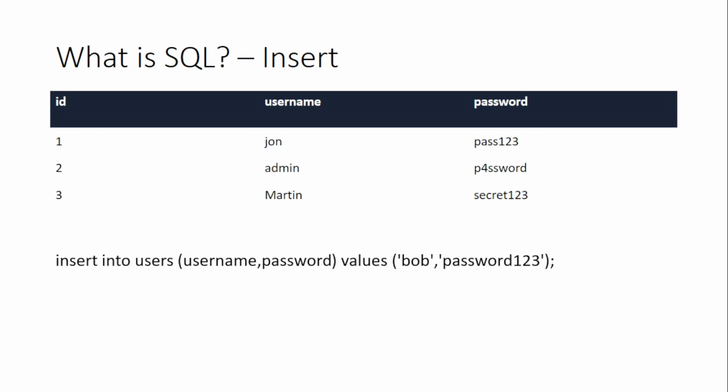Then username, password provides the columns we are providing data for, and then values. So values Bob, password123 provides the data for the previously specified columns. And so we'll end up with this result at the end.